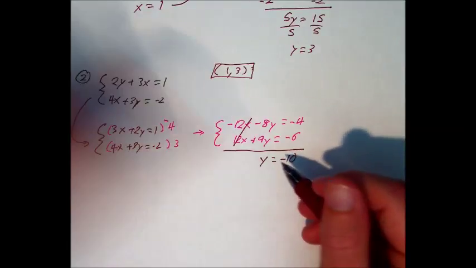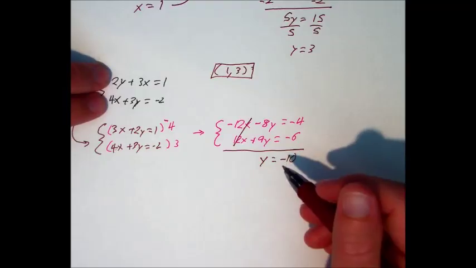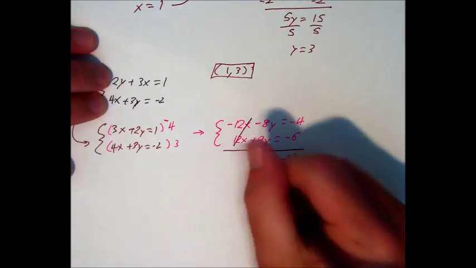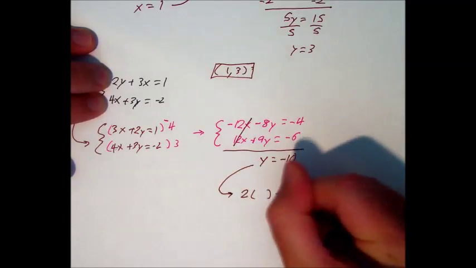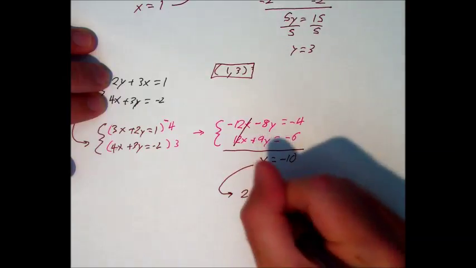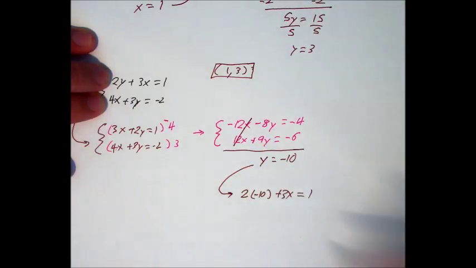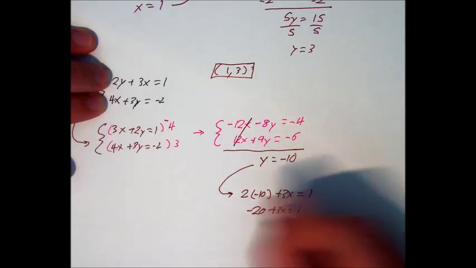So I'm going to always plug it back into one of the original equations, whichever one I think is easiest. I think the first one looks a little bit easier just because it has smaller numbers. So I'm going to plug this back in. So 2 times y plus 3x equals 1. So let's plug the y in and solve. -20 plus 3x equals 1.